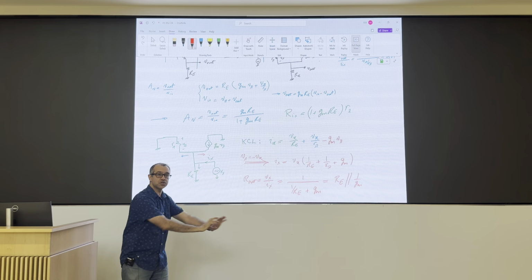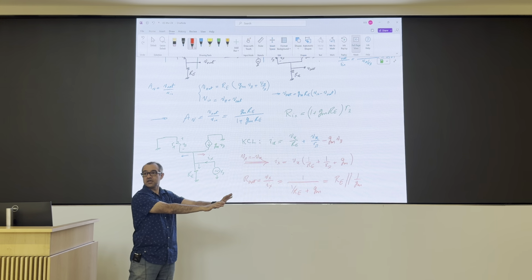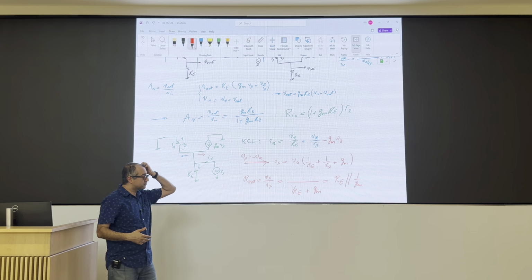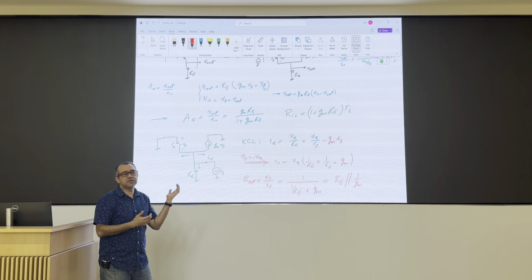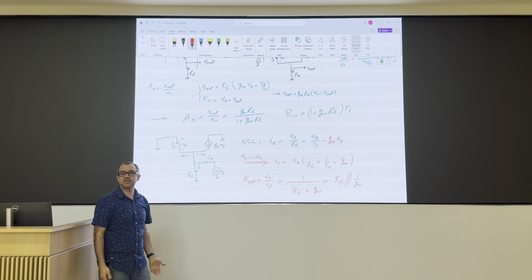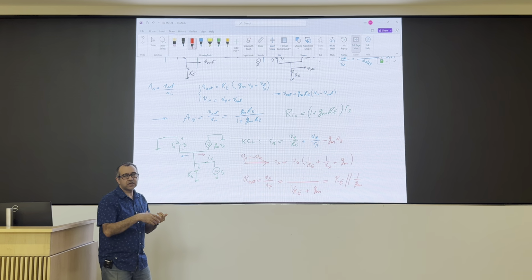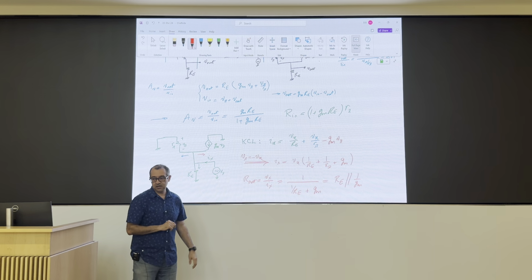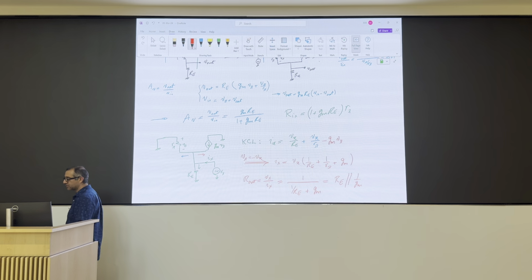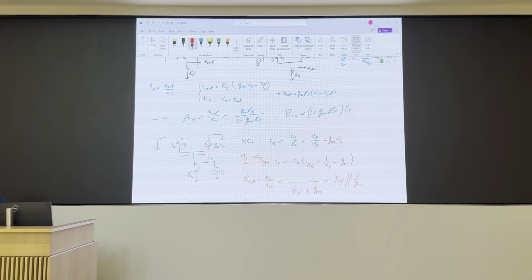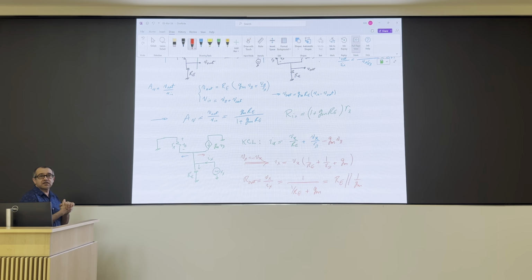You just want to push a lot of current into the load. You can do the same thing with the common emitter stage if you bias it at really high currents, but you're going to waste a lot of energy. This guy wastes a lot of current, a lot of power. This guy just does it naturally. So a common collector stage is extremely useful.